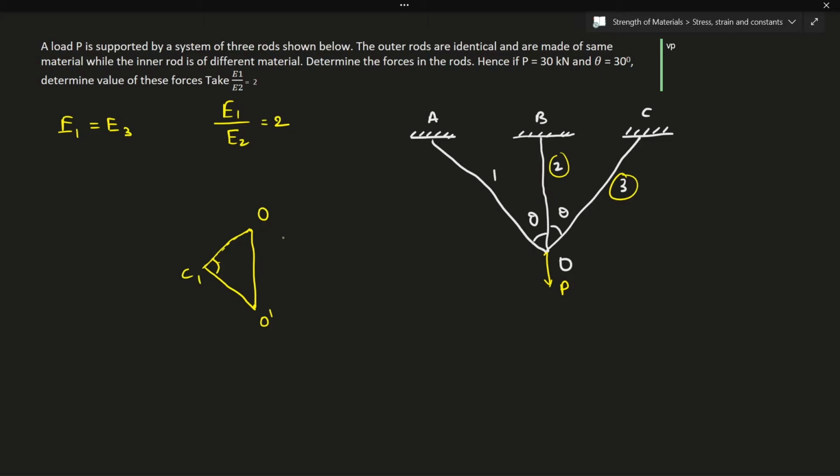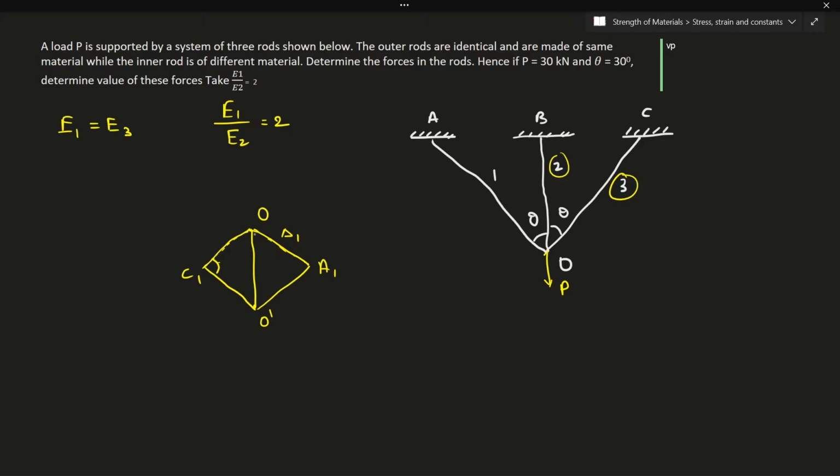So for the member 1, again this is going to elongate in this particular direction. Again I'll drop a perpendicular to this. I'll have the displacement diagram something like this. This is going to be the new A1. So here the OA1 is nothing but the deflection of the member 1, and this OC1 will be the deflection of member 3. I'll call this as delta 1.